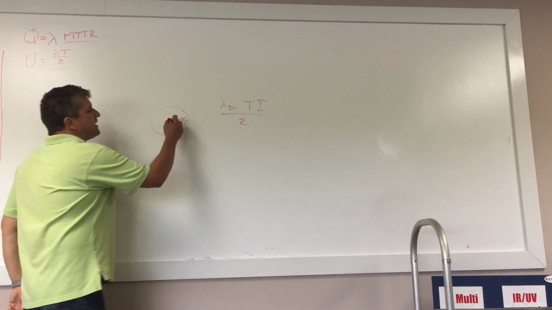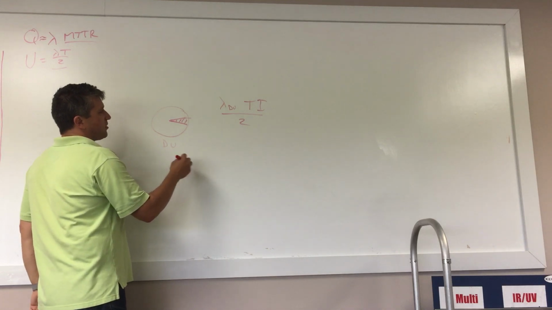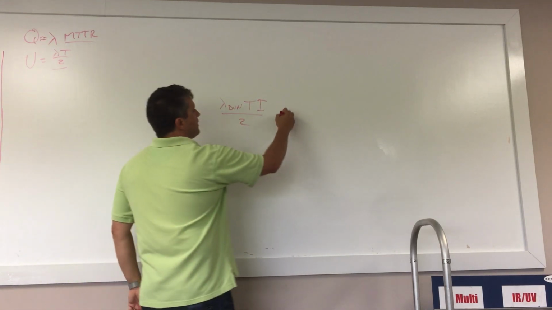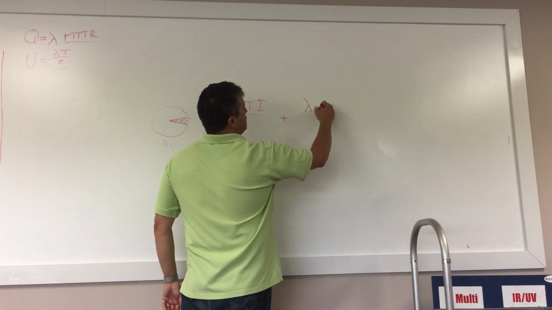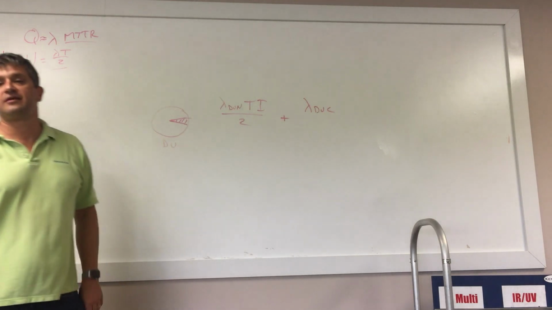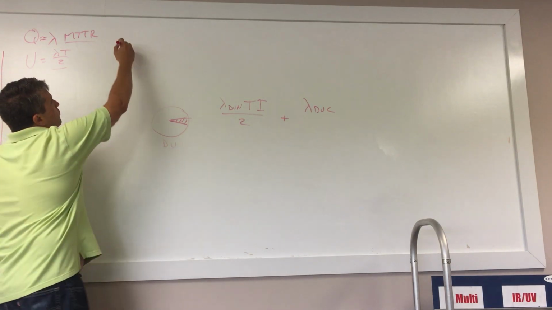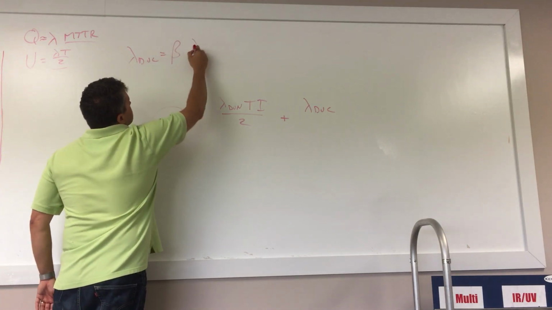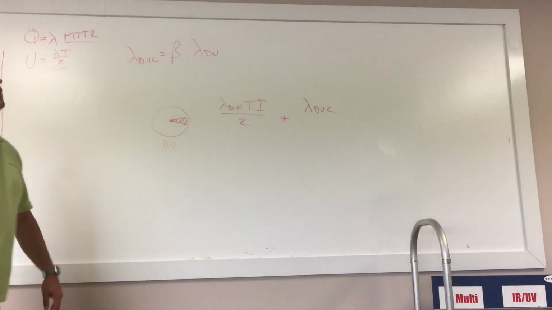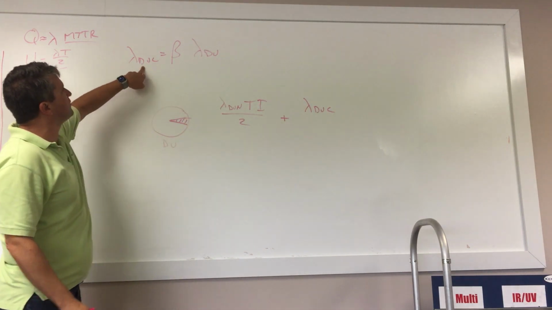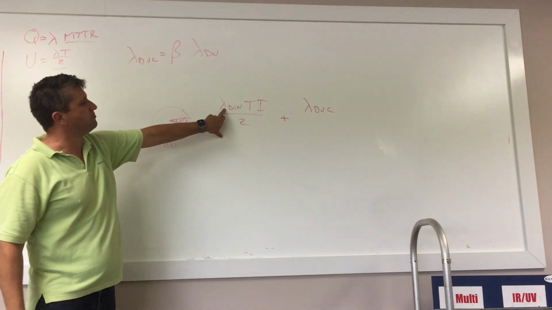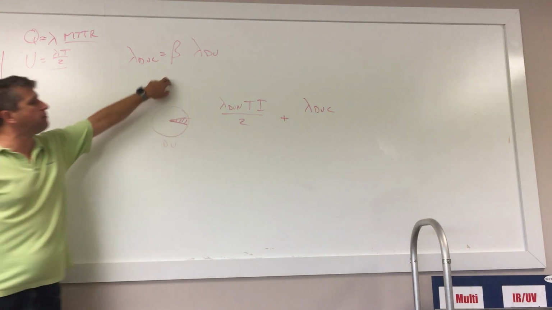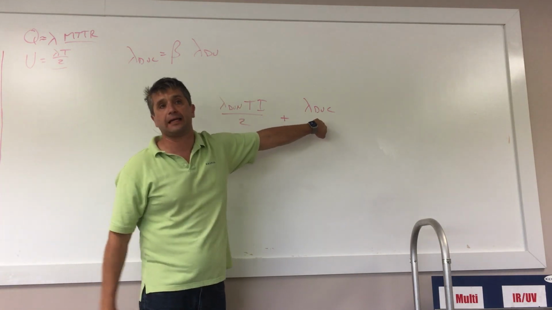Now, if you did actually remove this, and let's call this lambda du normal, and then lambda du common cause, with lambda du common cause being beta times lambda du. If you actually removed lambda duc from dun, then you would need to use the common cause term to add it back in.